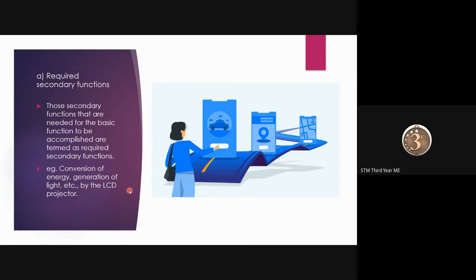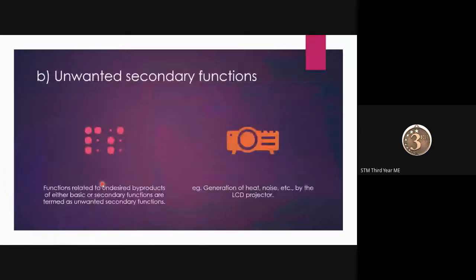We have seen an LCD projector during class, right? And in that projector, what are we getting? We are getting an image by means of light energy, by generation of light. So we are converting the household electricity that we obtain at the switches into light. That is the required function. We want the LCD projector to have that function.